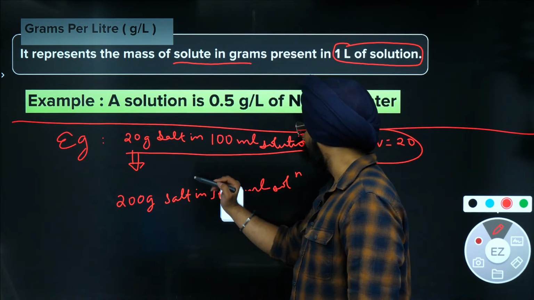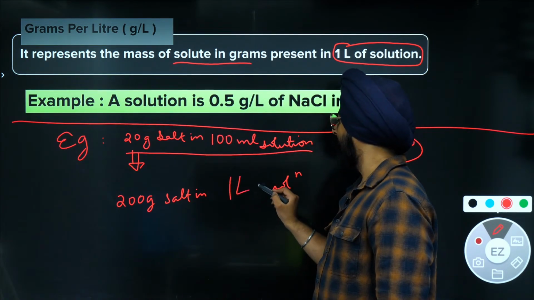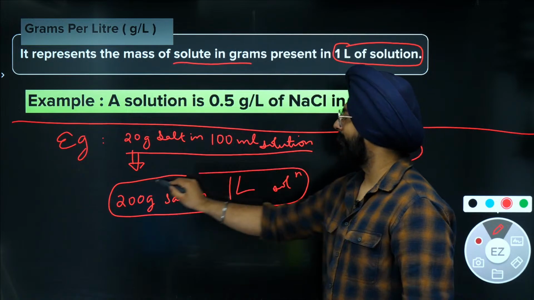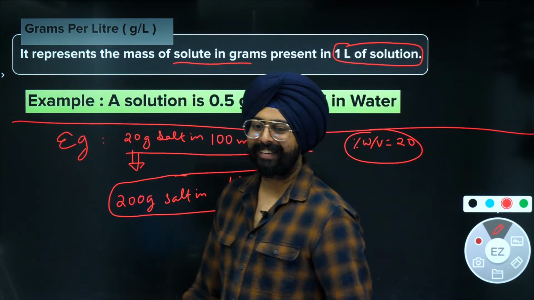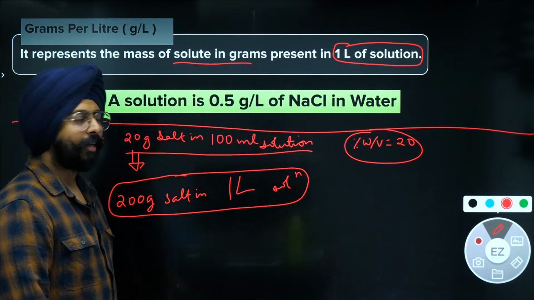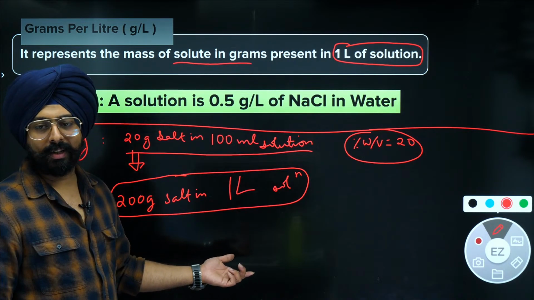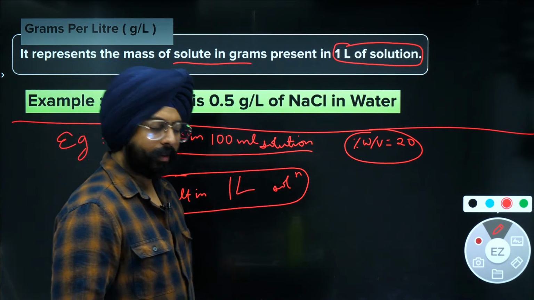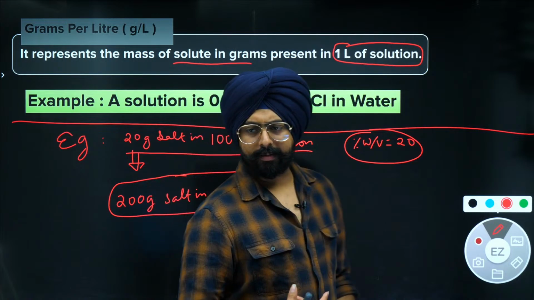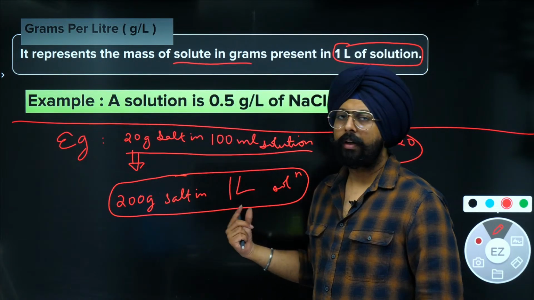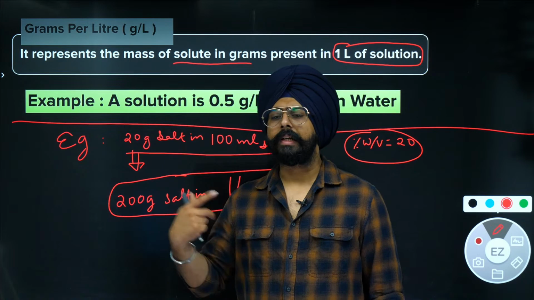What is 1000 ml? 1 liter. Done. Same solution. You're just multiplying by 10 on both sides. Why? Because you want to sound smarter, that I've designed this solution and put 200 grams in 1 liter, 200 g per liter.